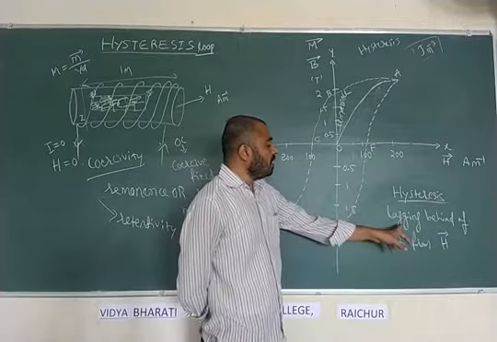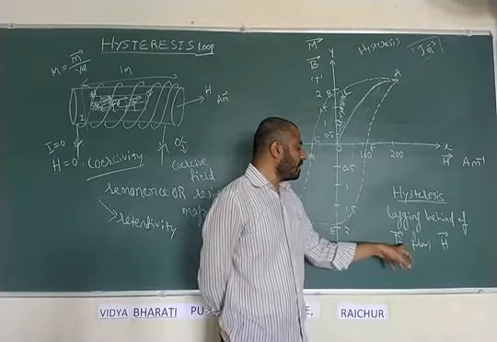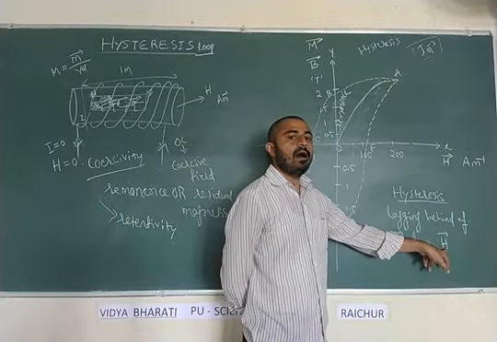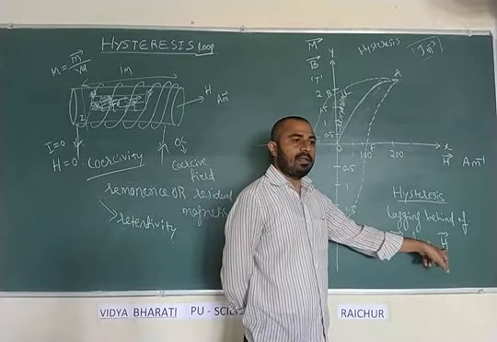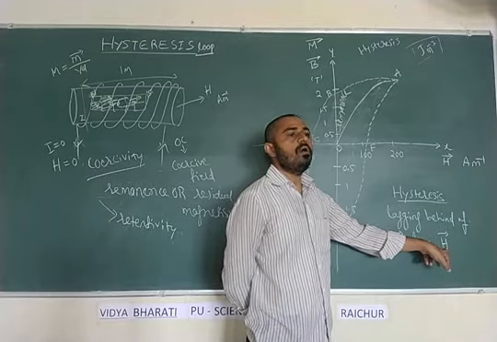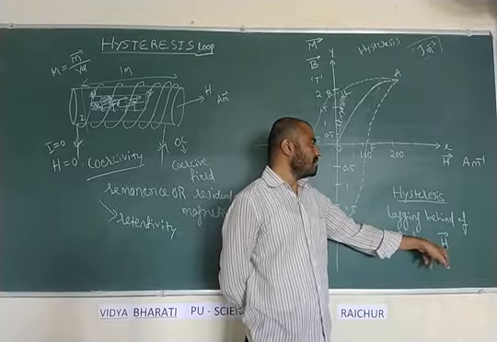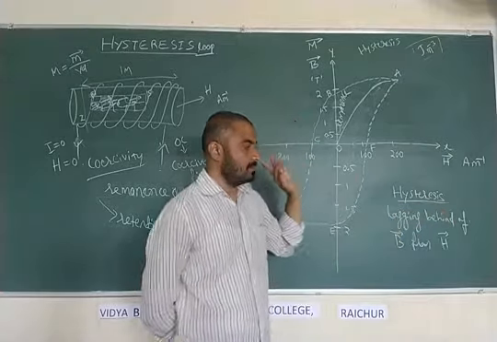The phenomena of lagging behind of a magnetic induction vector from the magnetizing field intensity vector of a ferromagnetic material when it is subjected to one complete cycle of magnetization is called hysteresis.